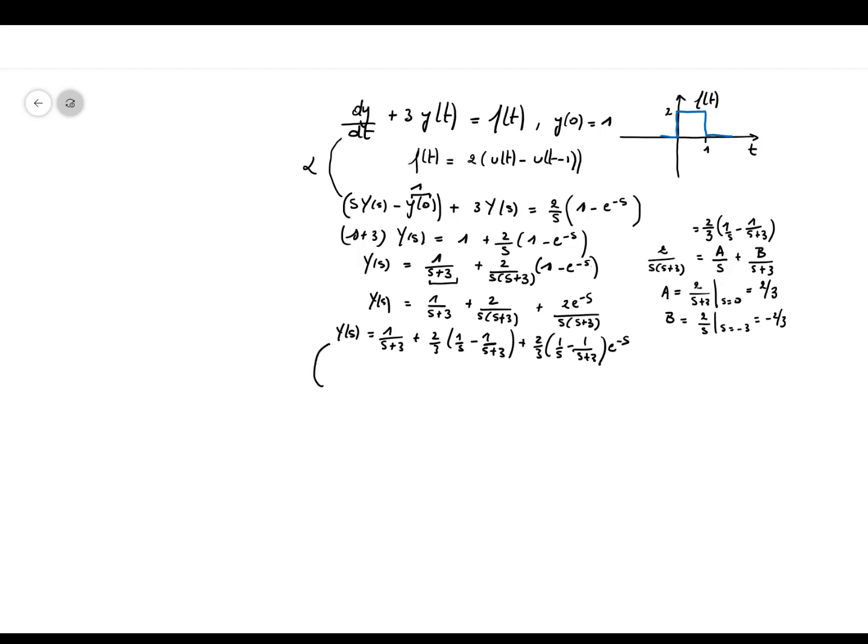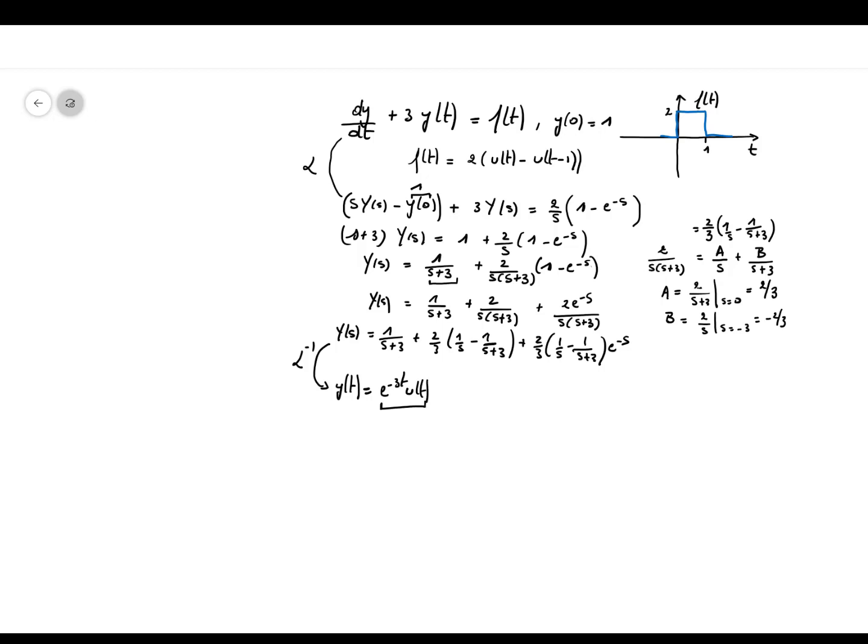And what we can do now is do the inverse Laplace transform. So we have y of t, so this is e to the minus 3t u of t.